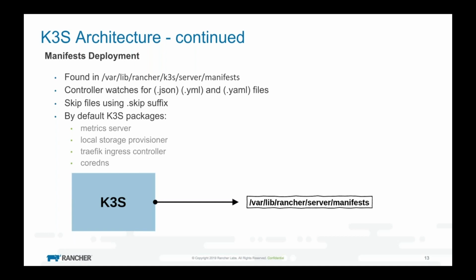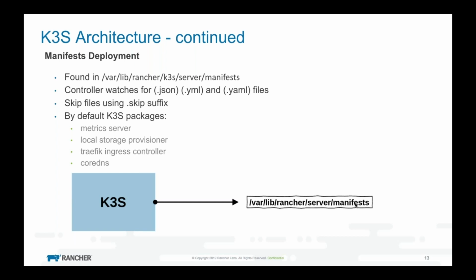So K3s is not just functional Kubernetes, but there are a lot of features around it that make it very special. So the first one is the manifest deployment controller. So basically, the manifest deployment controller is a controller that runs in K3s, which watches this specific data directory, the server manifest.